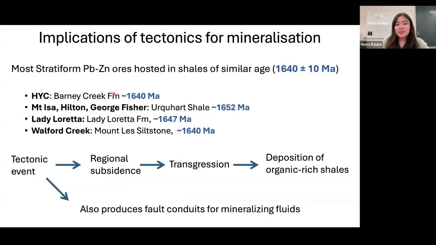So this is suggesting then that this tectonic event is important because the regional subsidence that occurs in association with it is the reason why we have this transgressive event. And without that, we wouldn't have the deposition of these organic rich shales that go on to host these important deposits. And additionally, we think that this tectonic event could also form those faults that might act as conduits for mineralizing fluids as well.